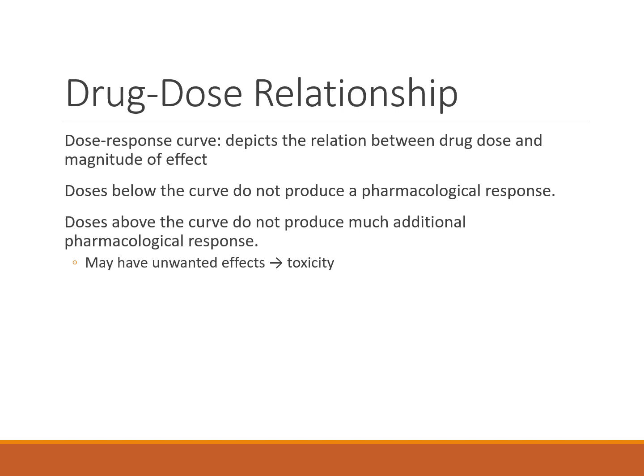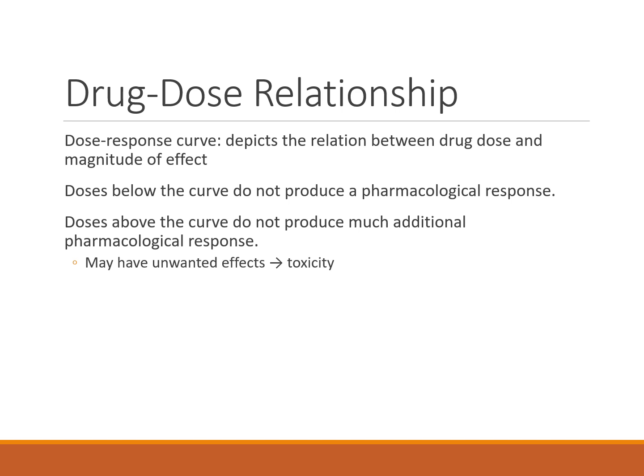The dose-response curve depicts the relationship between drug dose and the magnitude of the effect. Doses below the curve do not produce a pharmacological response. Doses above the curve do not produce much additional pharmacological response, and they may have unwanted effects, toxicity.